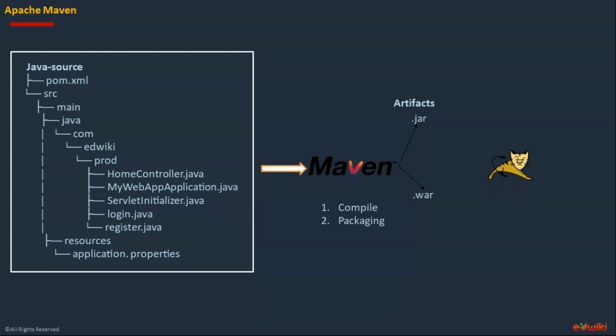Whenever the artifact is ready, let's say the war or jar based on the requirement, that is the artifact that I need to execute now, right? To run this Java artifact or Maven artifact, we need an application server. Apache Tomcat is a popular application server that can run Java websites or Java applications.